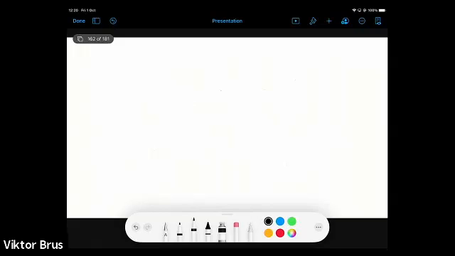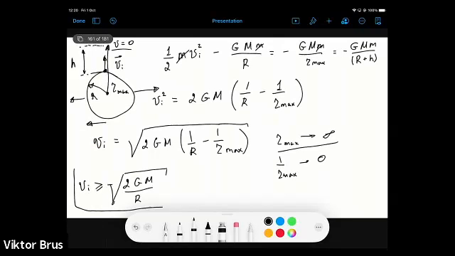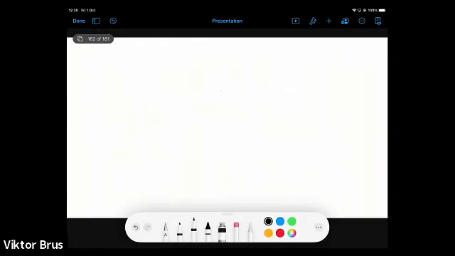Let's highlight this part. Remember how it looks: 2G times mass of the planet divided by radius of the planet. So we should get the same result, but with a completely different approach.